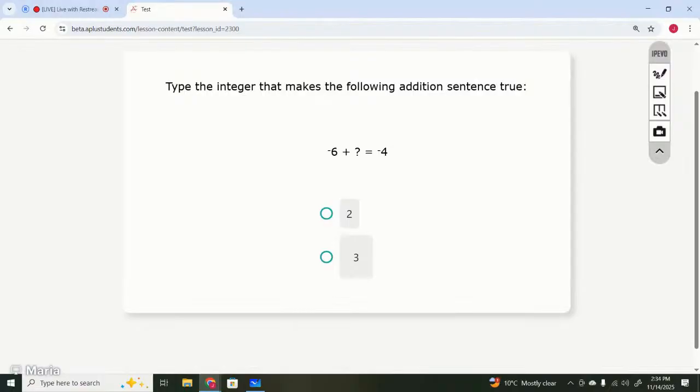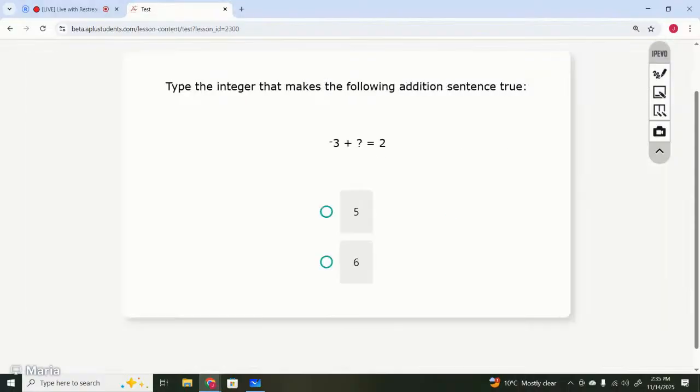Type the integer that makes the following addition sentence true. Negative 6 plus 2 equals negative 4. Option number 1 is the correct option.